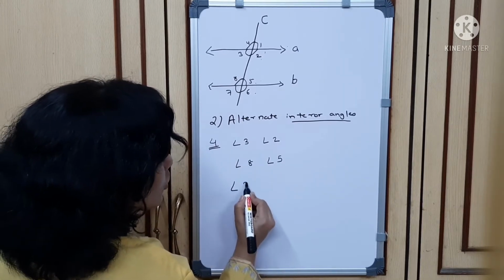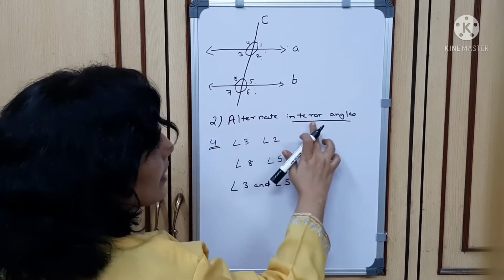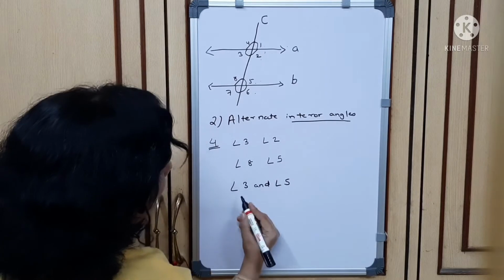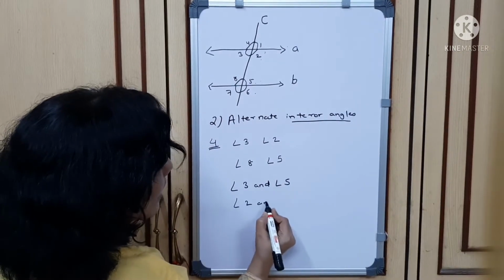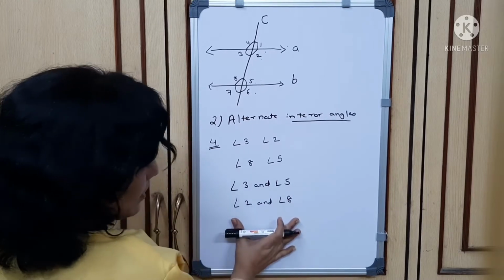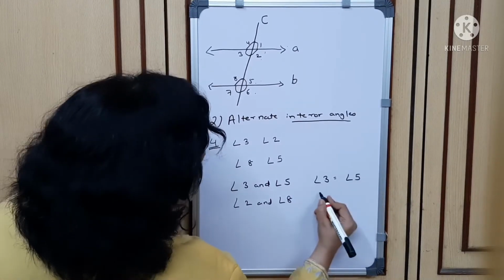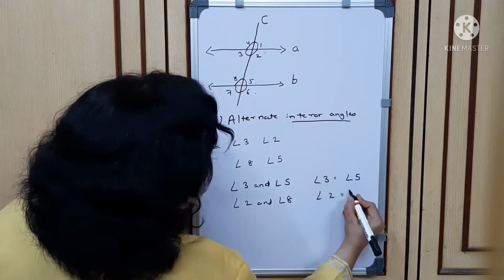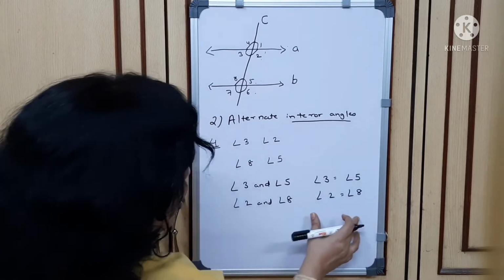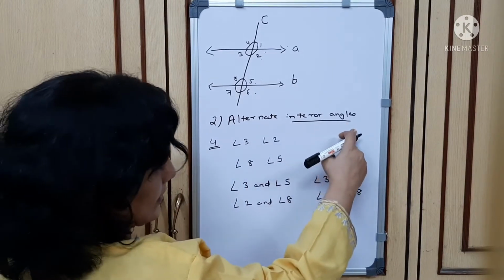So angle 3 and angle 5 are a pair of alternate interior angles, and angle 2 and angle 8 are the second pair. So angle 3 is always equal to angle 5 and angle 2 is always equal to angle 8. So here we have 2 pairs of alternate interior angles.